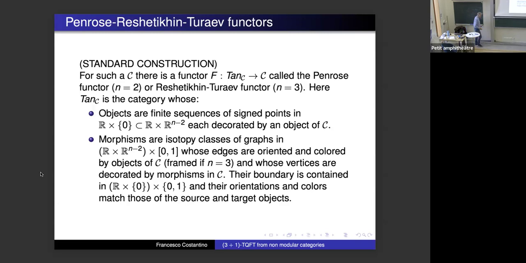That is called the Reshetikhin-Turaev functor for the ribbon case. For the spherical case, you should just draw things in a disk. So everything is flat. You don't have any crossings. In that case, actually, it's more correct to attribute this construction to Penrose, even though he didn't formalize it this way, because this is basically where it comes from. His thesis, by the way.